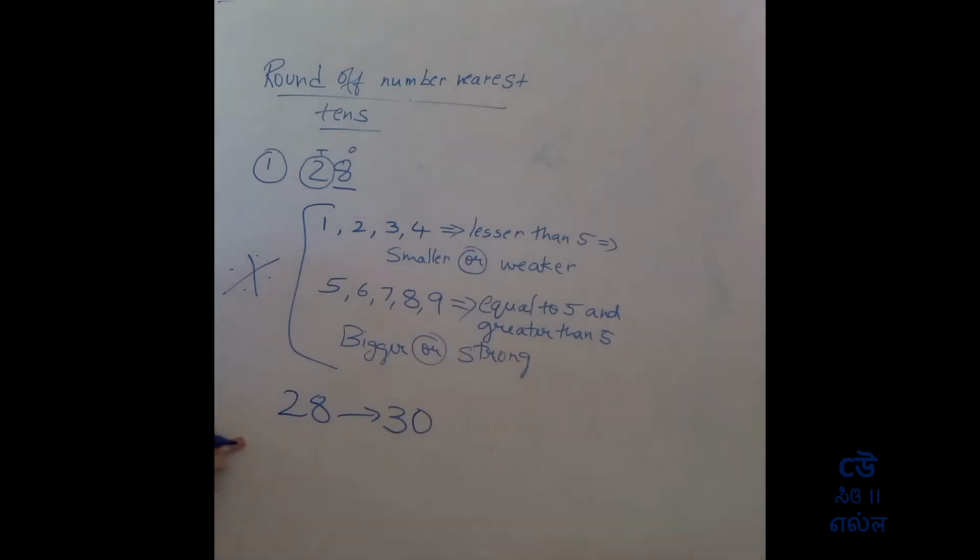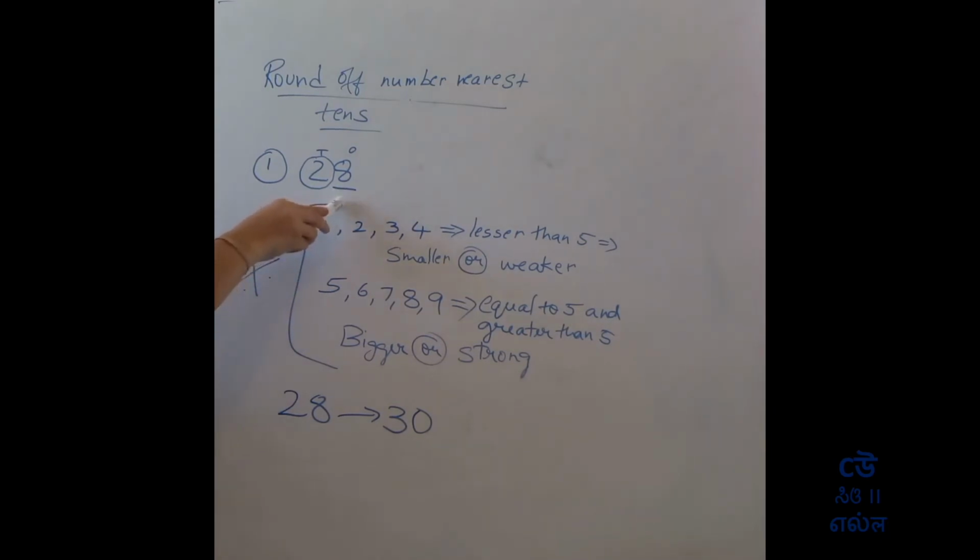Understood? The tens place value only changes and ones place value will be 0. Understood, children, how to do this? First, the heading they have given is, we have to round off the number to the nearest tens value. The first example I have taken is 28. In 28 we have ones place and tens place. We have to circle the tens place value and consider the ones place value.